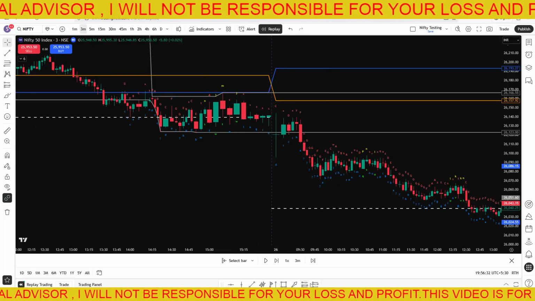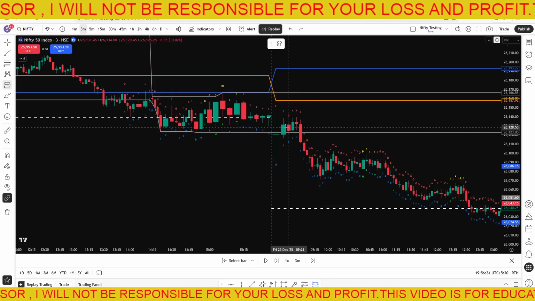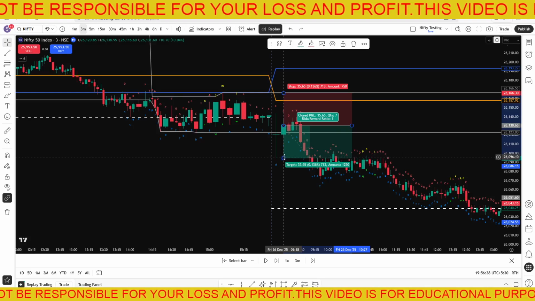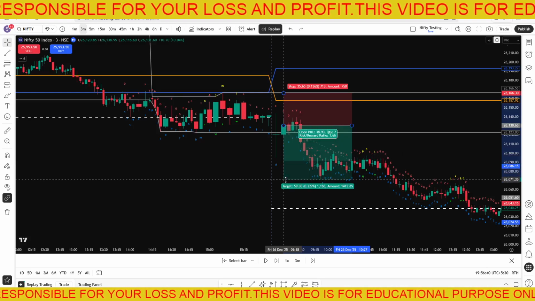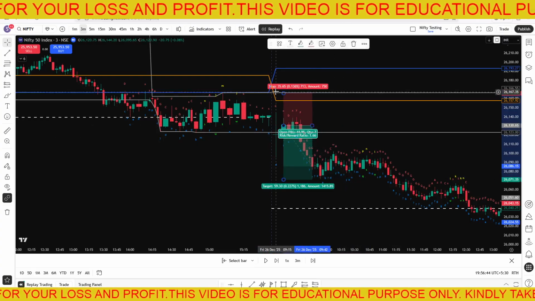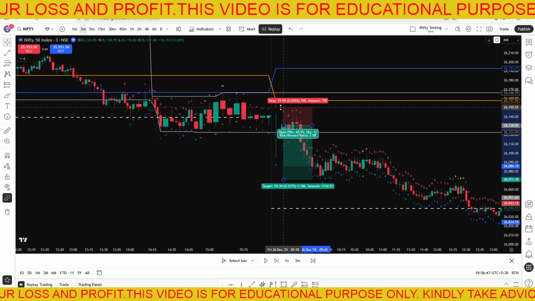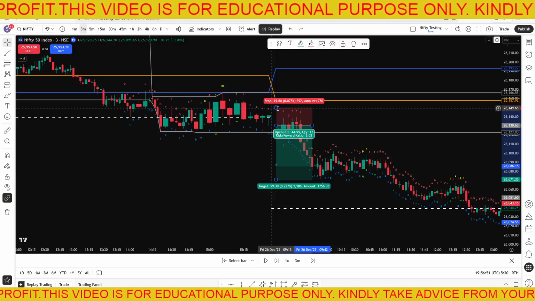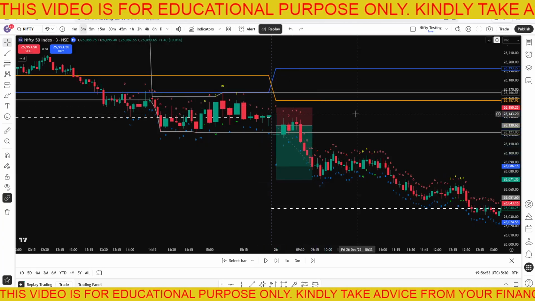So that was also a win. If we would have closed somewhere here and taken the entry here, we would have got around this much. And with some buffer from the first candle, we can take that as a stop loss, right?